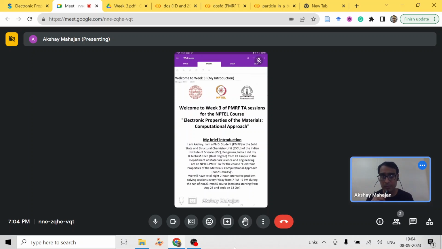Instead, we will do some more problems on the infinite potential, which we missed in the last session. After a brief discussion of the Python script from the lecture, we will go back to theory and do some problems for infinite potential.